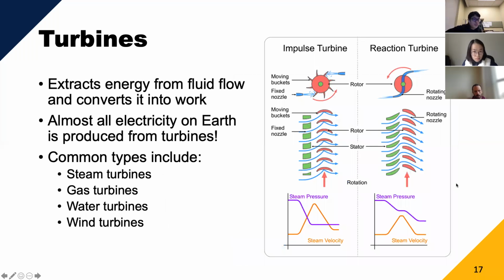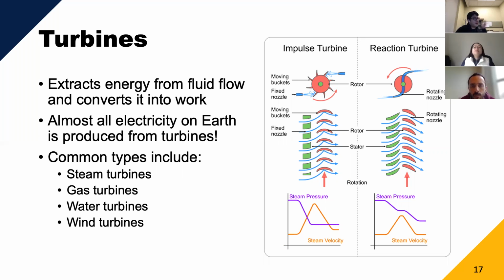Okay, and so we do this via turbines to extract energy. This is a way that you extract energy from fluid flow. Again, almost all electricity on our planet is produced from these kinds of turbines. You can have steam turbines, gas turbines, water turbines, wind turbines.